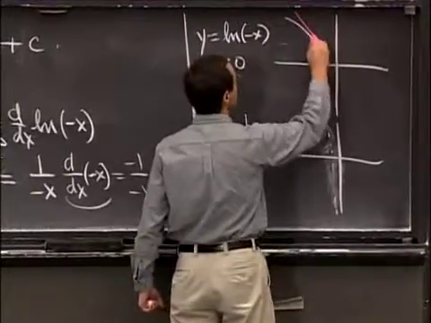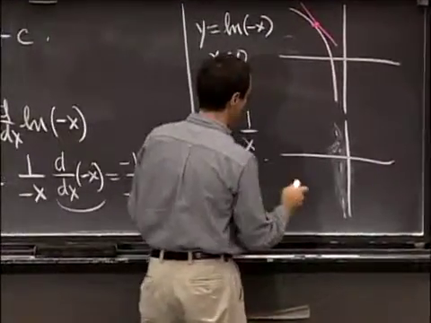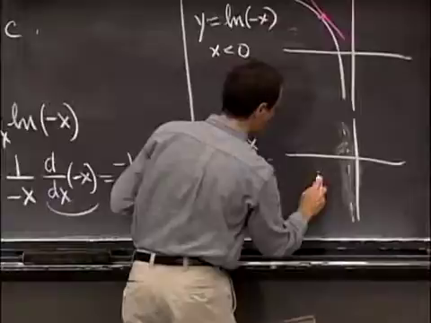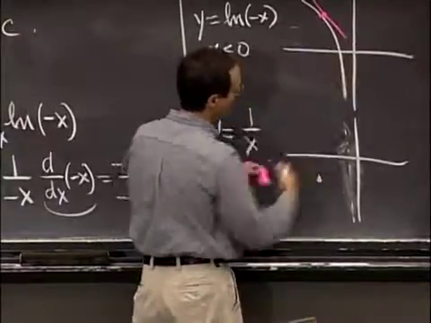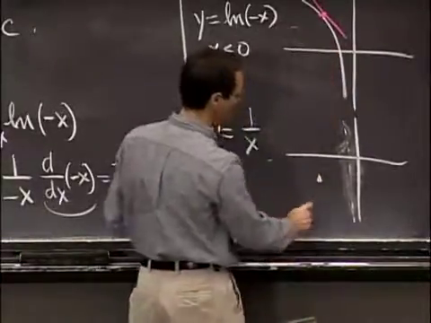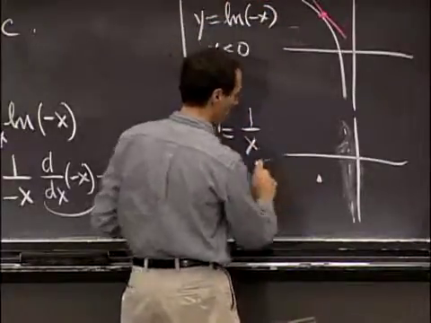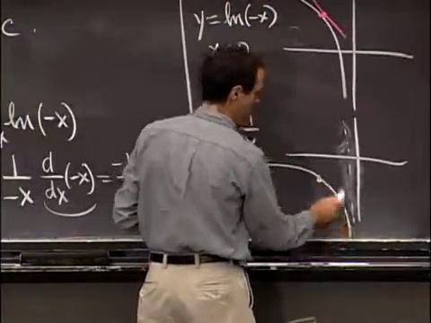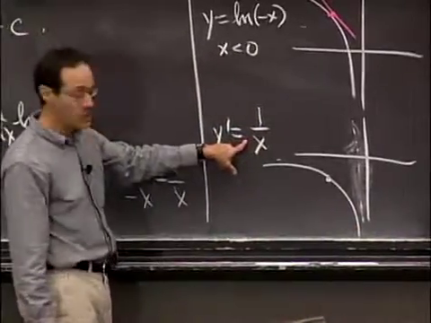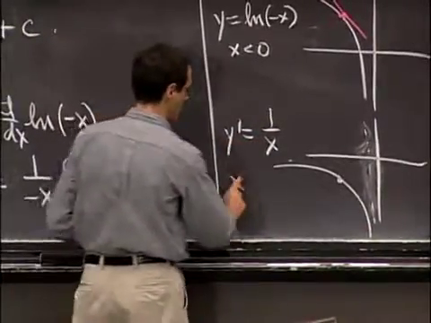Right? So here, the slope is negative, so it's going to be below the axis. And in fact, it's getting steeper and steeper negative as we go down. So it's getting less and less negative as we go horizontally. So it's going like this, which is indeed the graph of this function for x negative. Again, x negative.